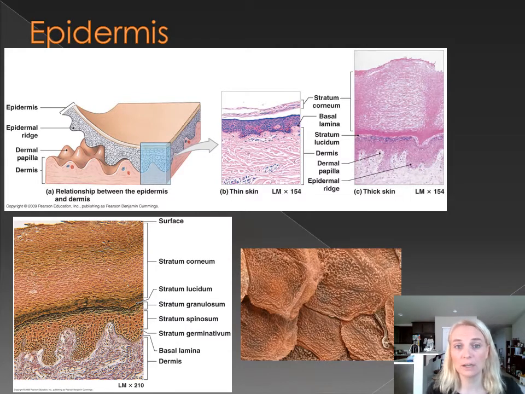Hopefully you're getting really comfortable with your tissues. We can identify the basement membrane and the free edge. And we know there's multiple layers of tissue, so it's going to be a stratified type of tissue. If we look at the cells at the topmost layer, they're going to be flattened cells. So your epidermis is composed of stratified squamous epithelium.